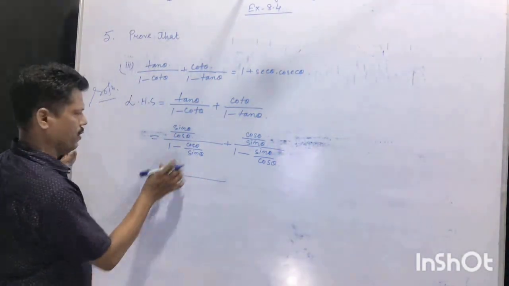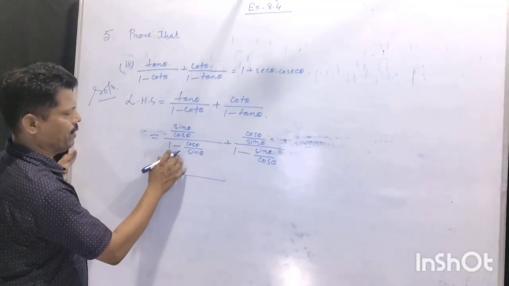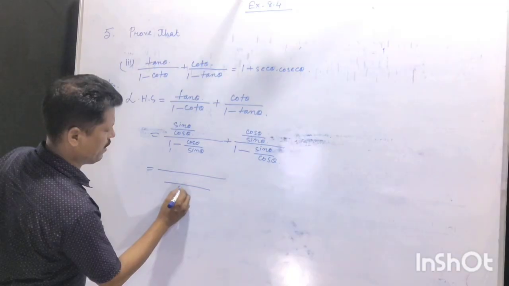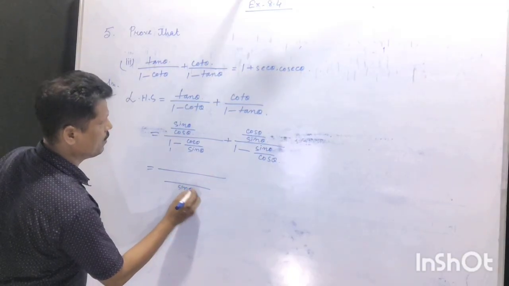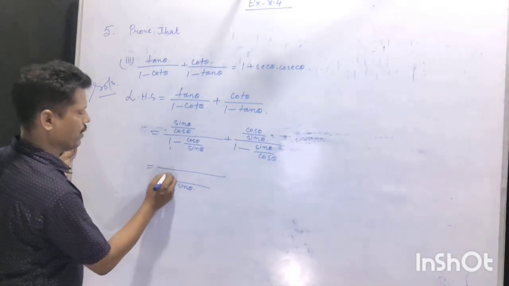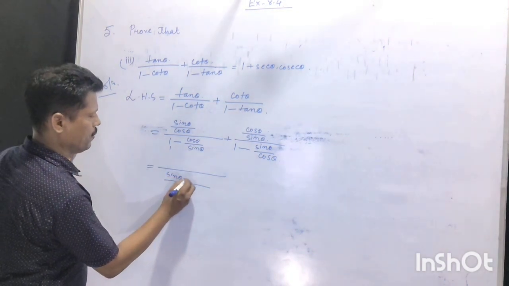In the denominator part we have to take the LCM. So 1 minus cos theta by sin theta, there 1 and sin theta, the LCM will be sin theta. So sin theta minus cos theta in the numerator, over sin theta.